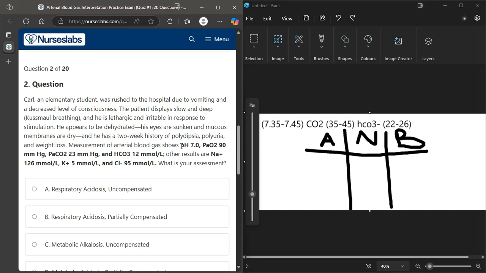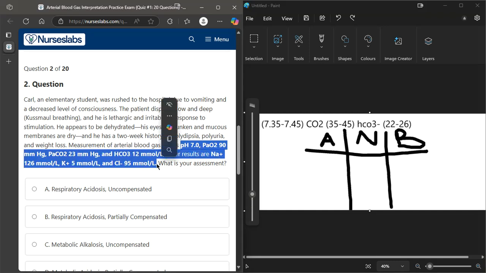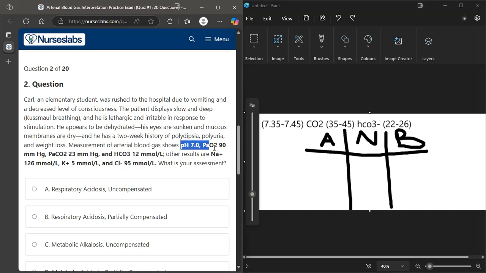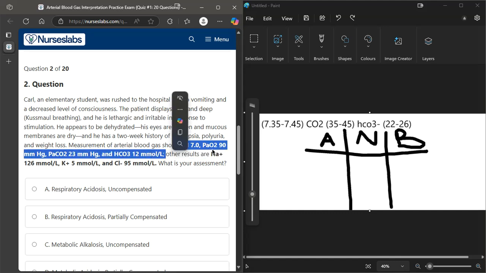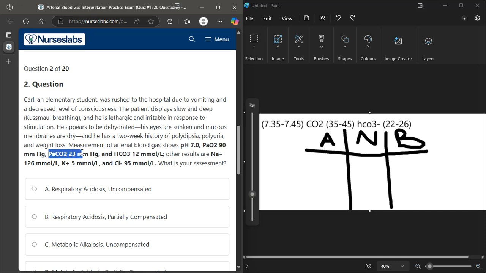So in this one, again, we've been given different values. Remember, interpreting our ABGs, we are only interested in the pH, the carbon dioxide, and the bicarbonate. The oxygen and the electrolytes we won't really focus on when interpreting the ABGs. So our pH is 7.0, which is of course less than 7.35.